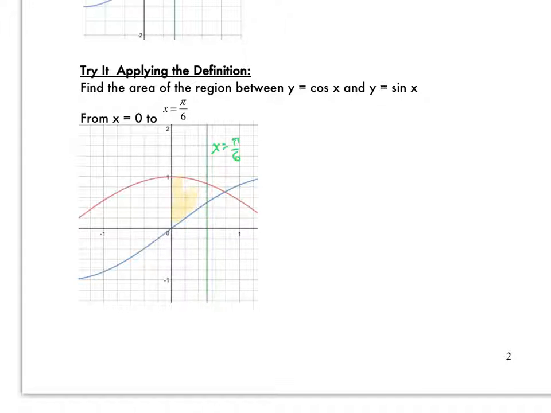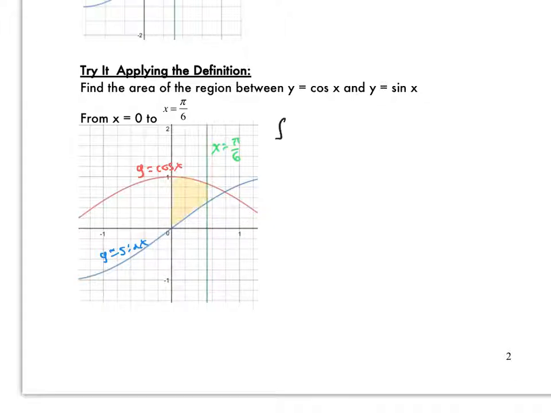So here's the area I'm interested in. And if you will notice, it is the cosine curve that is always going to be larger. And again, this is your knowledge of the dirty dozen that's really kicking in here.